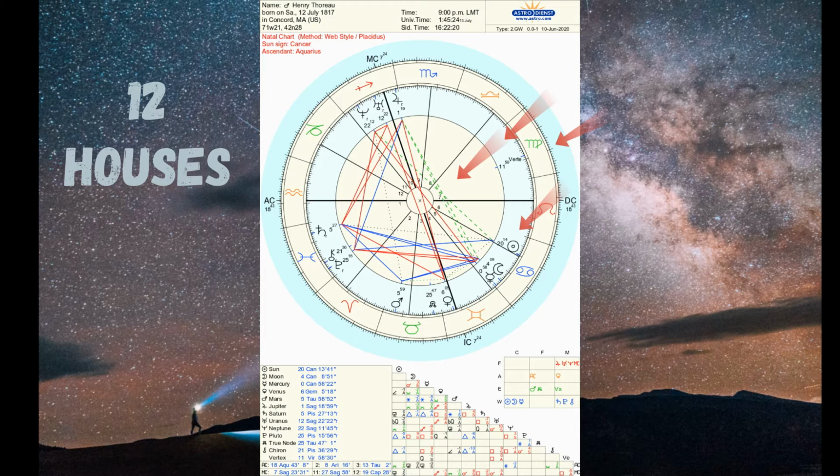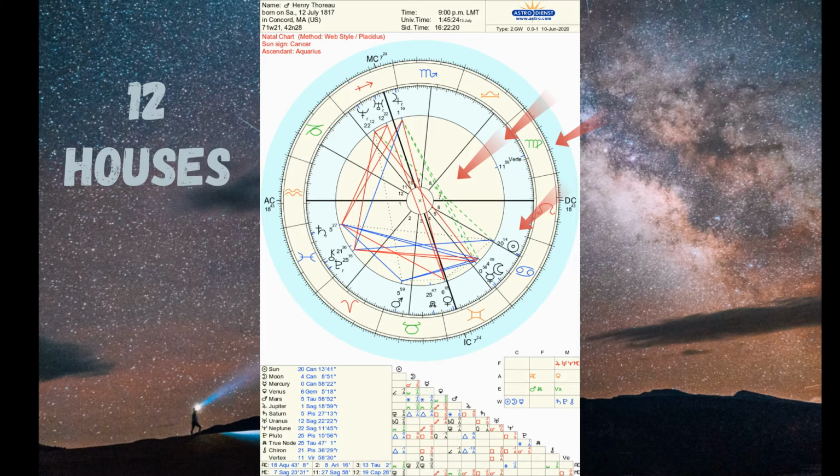If you look at the inside of the circle, you'll be able to see numbers with the different house numbers on them. So you have the outer pie shape with the pie slices with the signs and the glyphs on them, and then on the inside you have the inner pie slices.